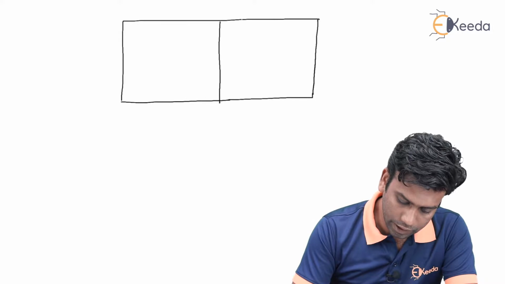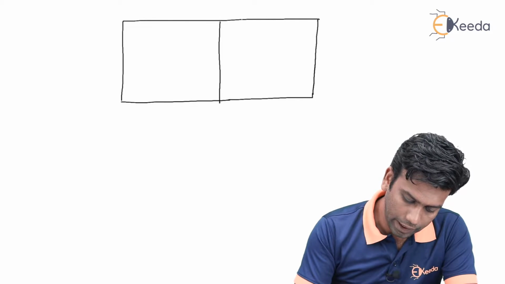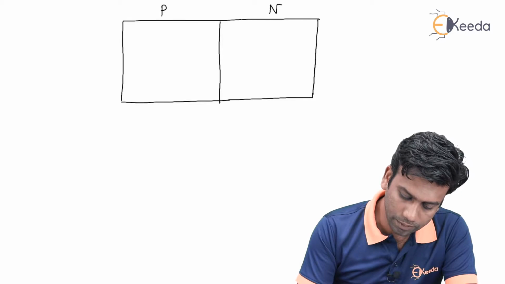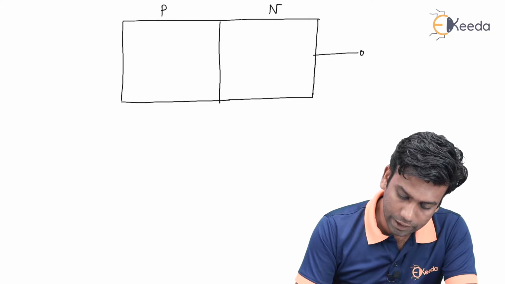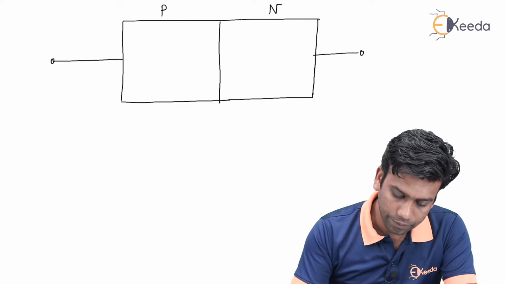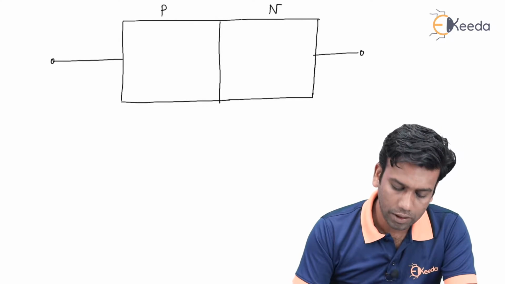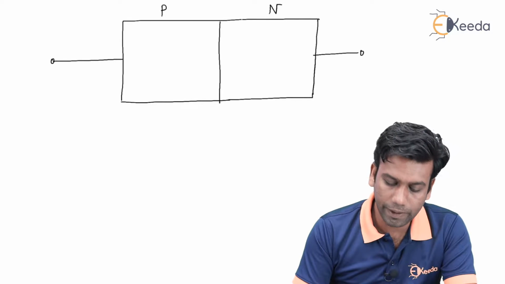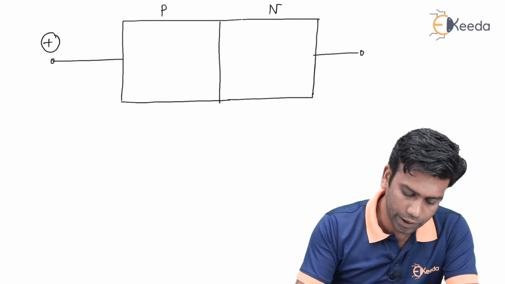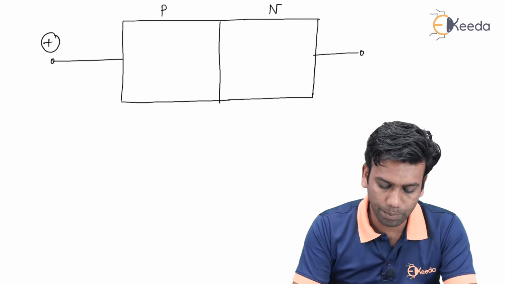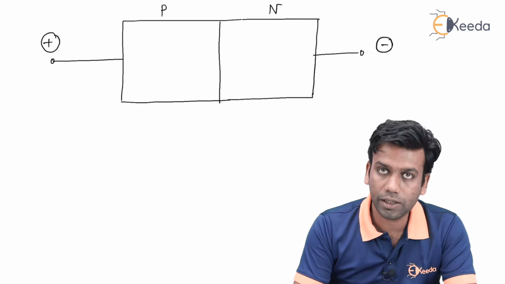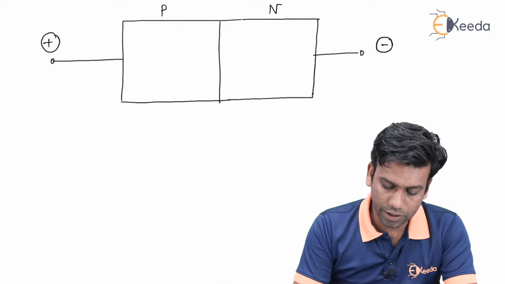So this is the junction of the diode, and this is the P side and N side of the diode. This is the metal contact of the diode. Now we have applied a forward bias to the diode, that means a positive polarity has been applied to the P section and negative polarity has been applied to the N section.